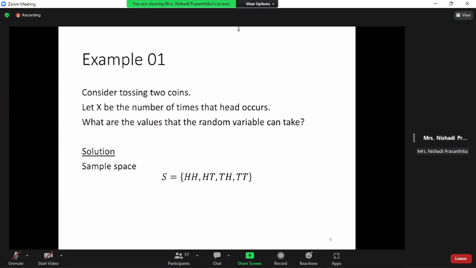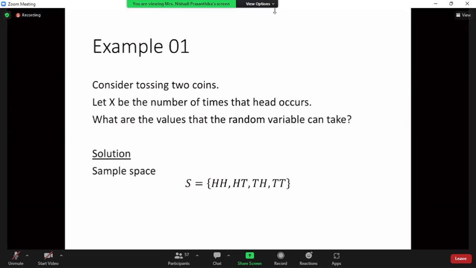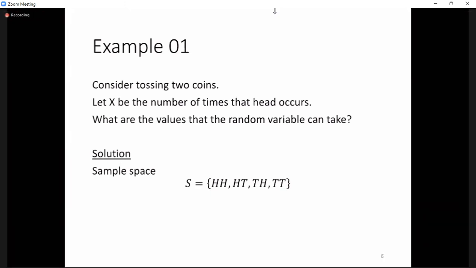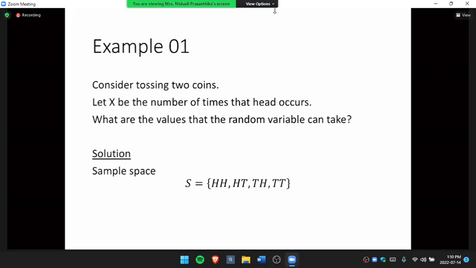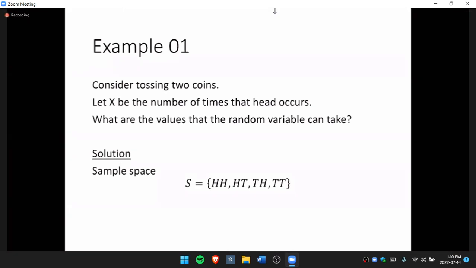So for this experiment, we define a new random variable capital X, the number of times that head occurs. Now, according to the random variable X, we are going to find an induced sample space for the same experiment, right?